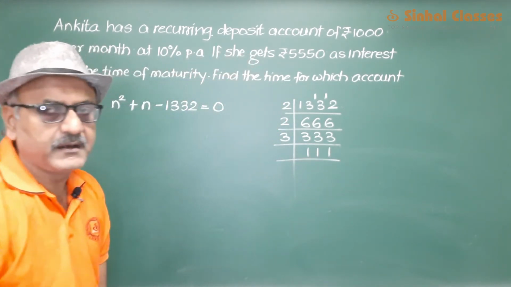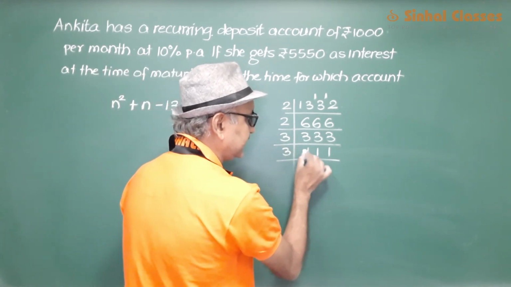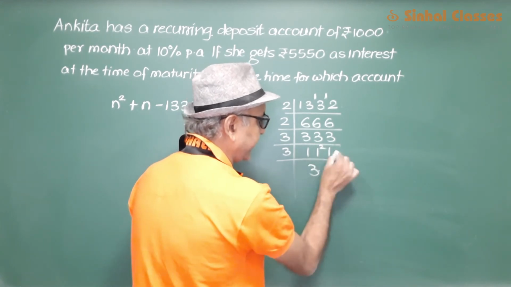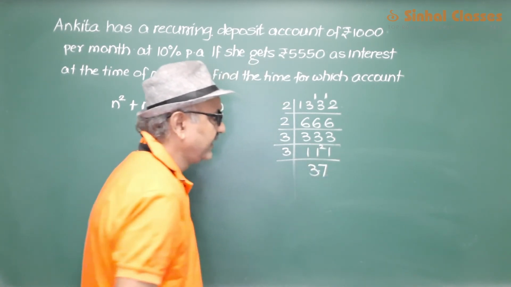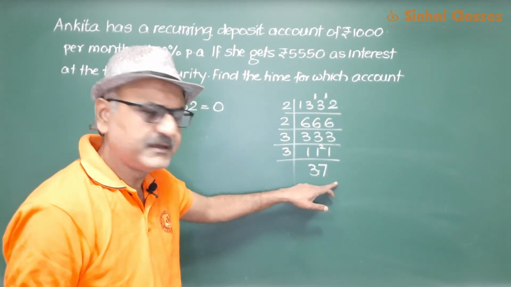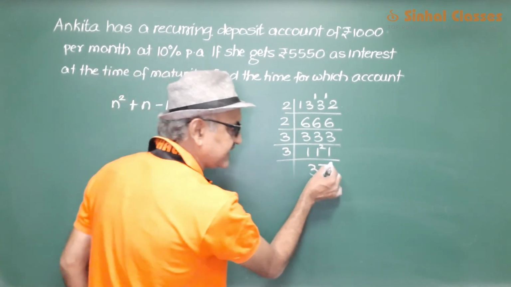Now 111 is again a multiple of 3, divide by 3. 3 3s are 9, we are left with 37. 37 is a prime number. It cannot be further factorized.